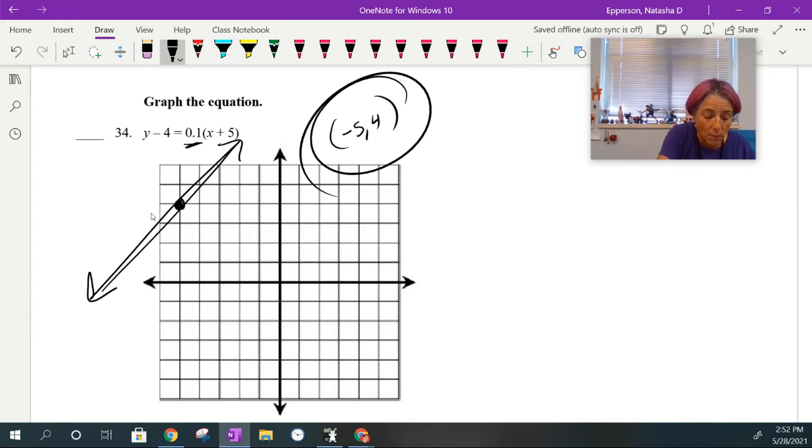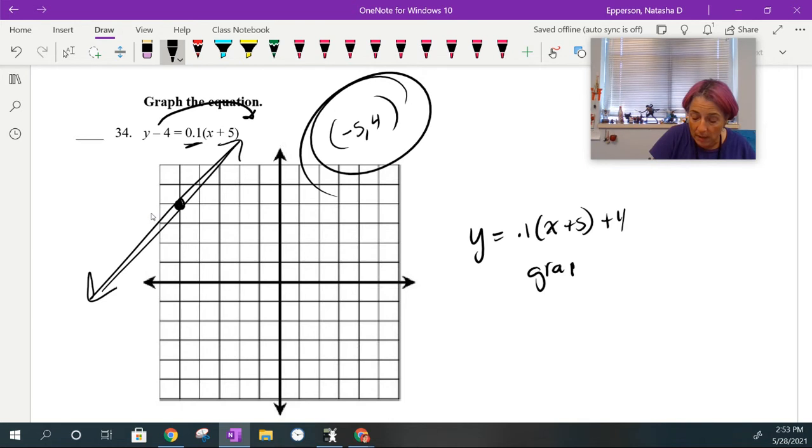You could also move the 4 over and say y is equal to 0.1 times x plus 5, plus 4, and then put that in your graphing calculator and check. Do not necessarily think that 4 is your y-intercept.